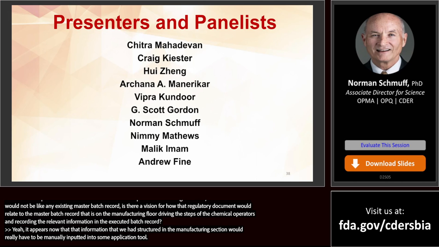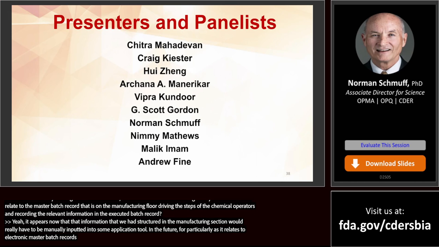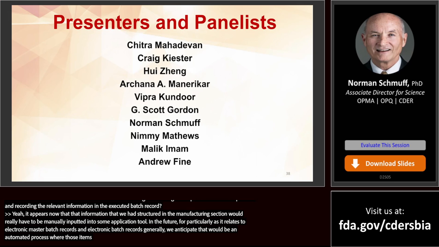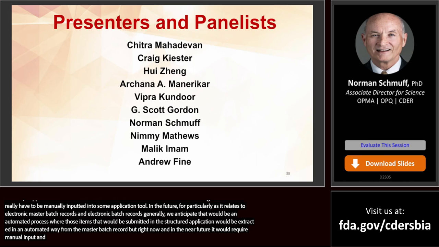In the future, particularly as it relates to electronic master batch records and electronic batch records generally, we would anticipate that there would be an automated process where those items that would be submitted in the structured application would be extracted in an automated way from the master batch record. But right now, and probably in the near future, it would require manual input and then an additional PDF file of the master batch record.